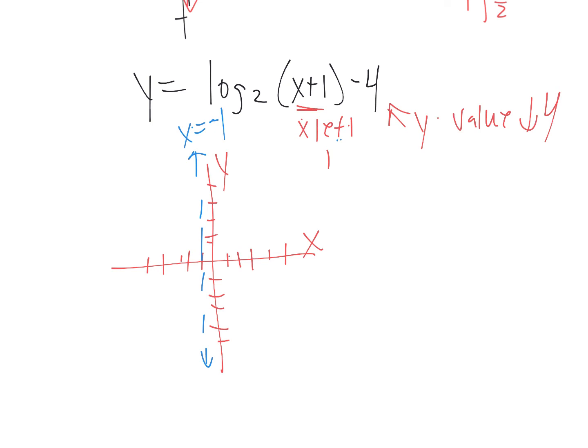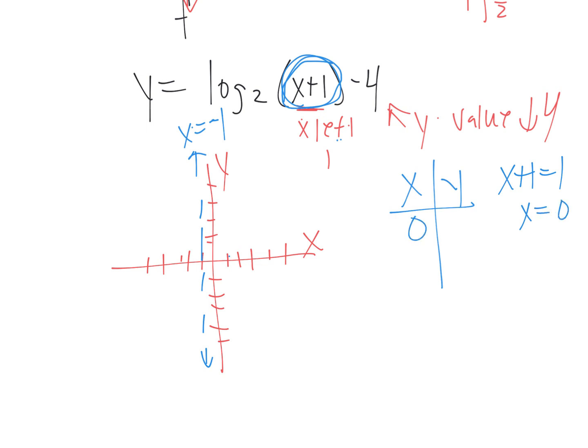Or you could say, okay, what value do I have to make x to make this a 1? Well, x plus 1 equals 1. So I'd have to say x is 0, right?